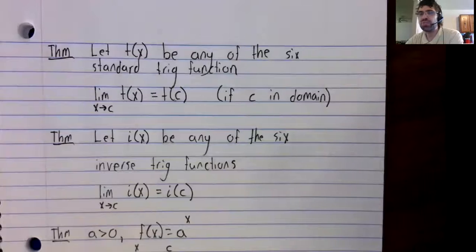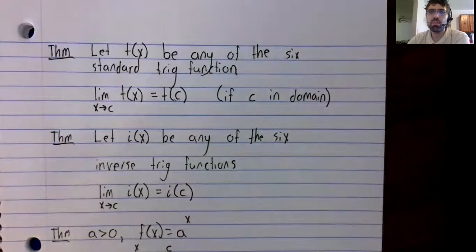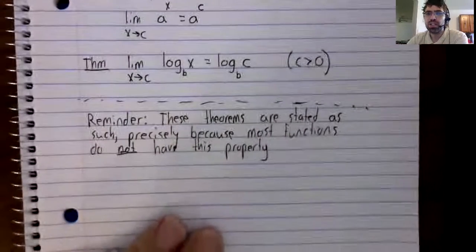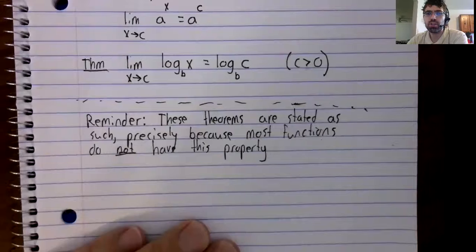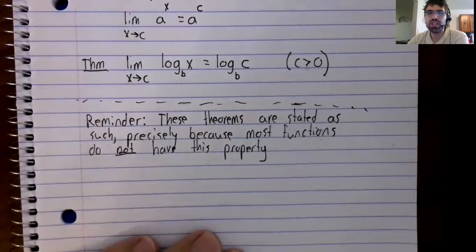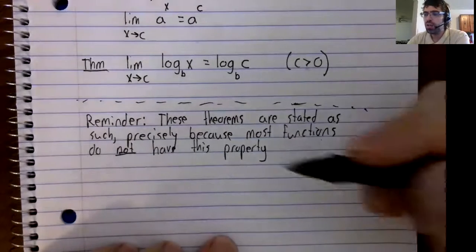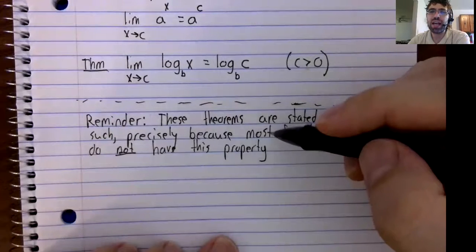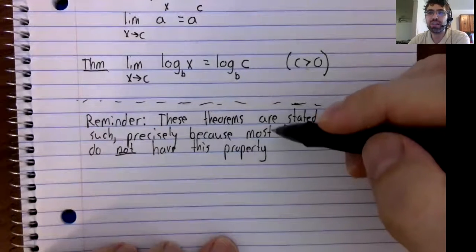So this is a special property that some standard functions have, but it's not a property that functions have in general. Maybe saying most functions don't have it is pushing things a little.